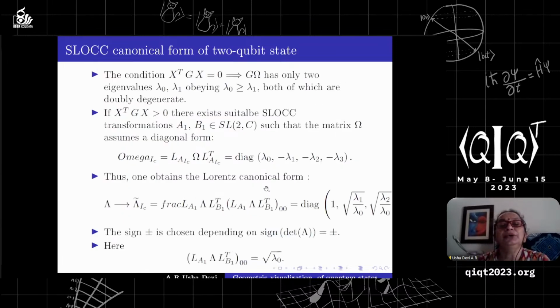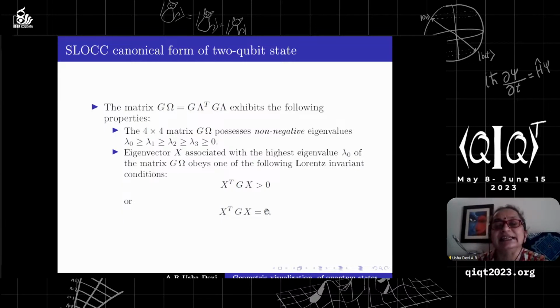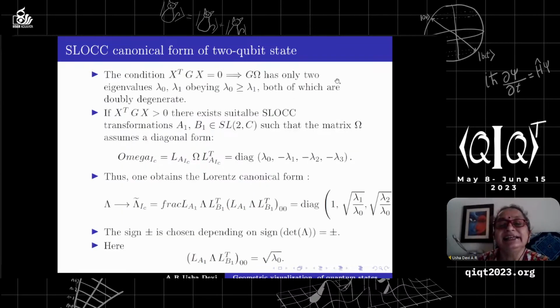And then the condition that I have X transpose Gx is equal to 0 implies that I picked one of the conditions here. That condition leads to only two eigenvalues.